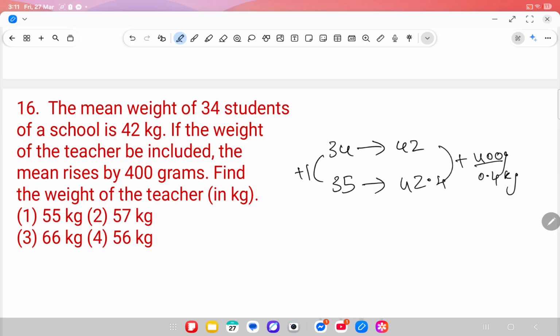Now find the weight of the teacher. 1 into 42.4 plus 0.4 into 34. Actually, multiplying, forget about 0.4. Multiplying by 4 is what? Doubling the number 2 times. 68, 136, means 13.6 since the decimal is there. So it becomes total 42 plus 13, 55, plus 0.4 and 0.6 gives 1. So 56.